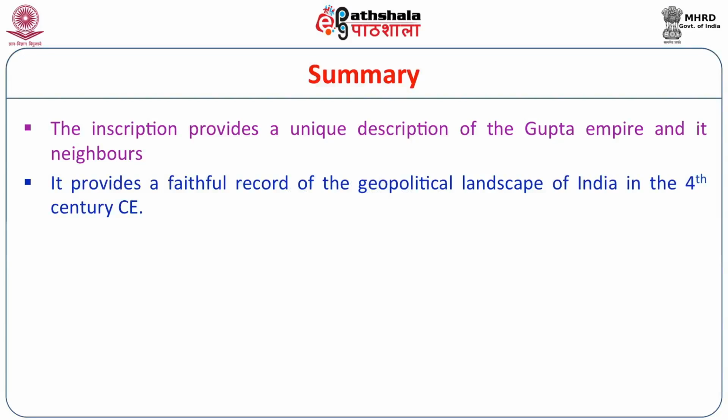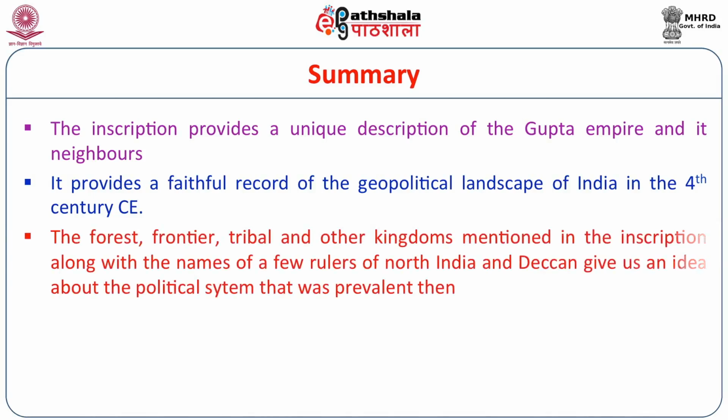So it gives a fairly complete picture of the kingdoms and rulers of India in the 4th century Common Era, particularly while dealing with the Dakshinapatha campaign. Similarly, while talking about the forest kingdoms, frontier kingdoms, tribal kingdoms and other kingdoms, the inscription also mentions the names of a few rulers of North India, and also the kingdoms.